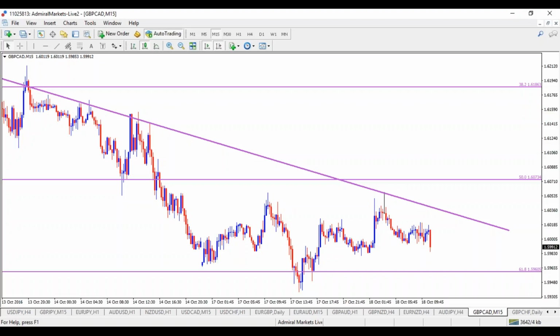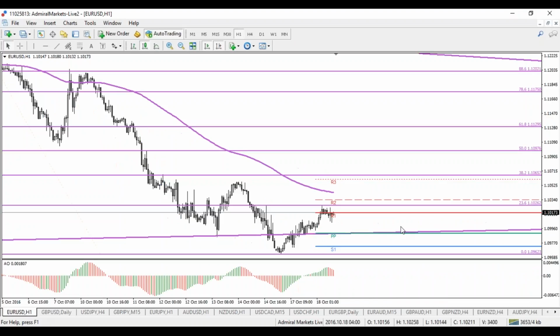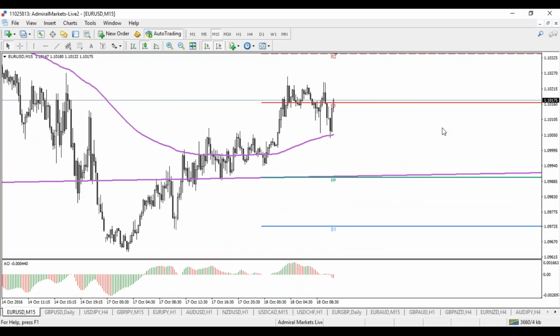110 is anyhow, of course, a psychological level. We know that is something that is typically a strong level, so that only adds to it. It's a pivot point, so yeah, I am expecting price to stay above it. I'm not expecting price to break it, and I'm expecting, from a wave perspective too, a zigzag up.